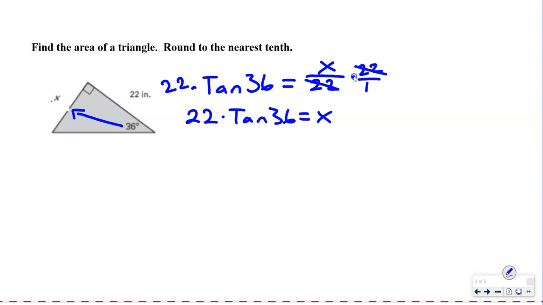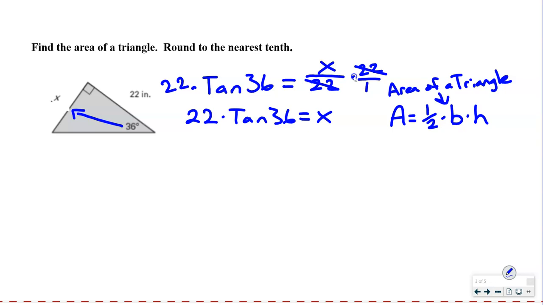Because the other part of what we need to do is find the area of the triangle. So don't eliminate that from your calculator yet, but remember, area of triangle equals 1/2 times the base times the height. So this 15.9839 and a bunch of other numbers is one of either our base or our height.